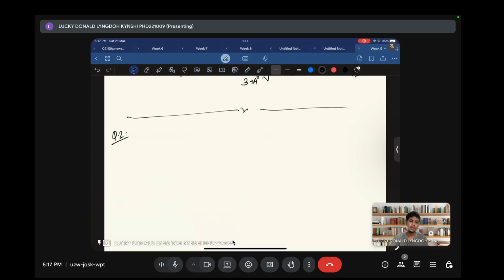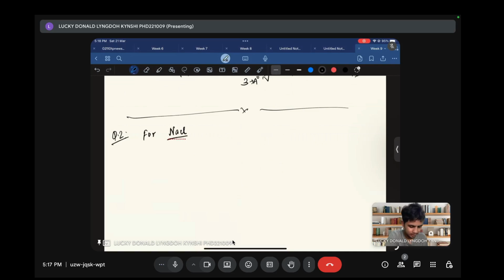What is there in the second problem? Let me write the question. In question number 2, you have NaCl, sodium chloride.